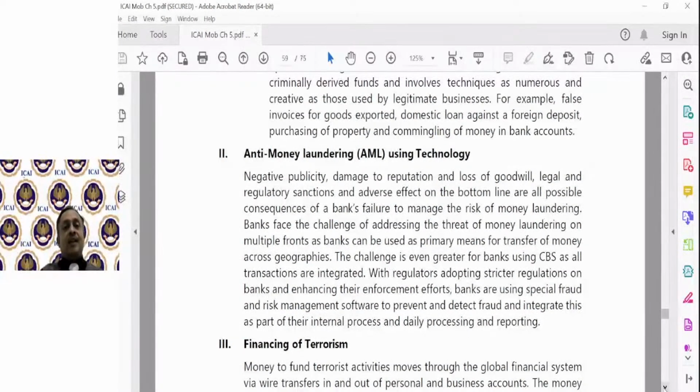So negative publicity, damage to reputation, loss of goodwill, legal regulatory sanctions, and adverse effect on bottom line are all possible consequences of banks' failure to manage money laundering. So money laundering has its own very huge risk. Banks face challenges of addressing money laundering.